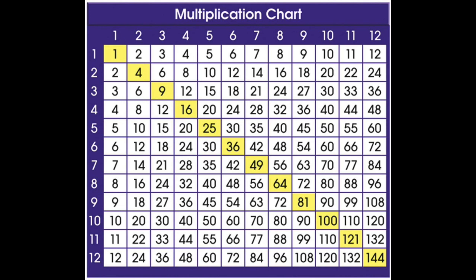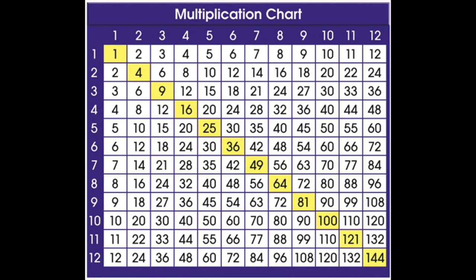Anything times 4 is going to be an even number. It doesn't matter if it's 4 times 5, even though 5 is not even, there's a 4, so the product is going to be even. What are our other even numbers? We have 2, 4, 6, 8, 10, and 12 on this chart. So anything multiplied by an even number is going to have an even product or an even answer.